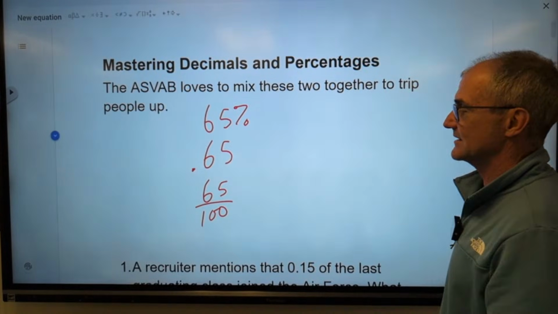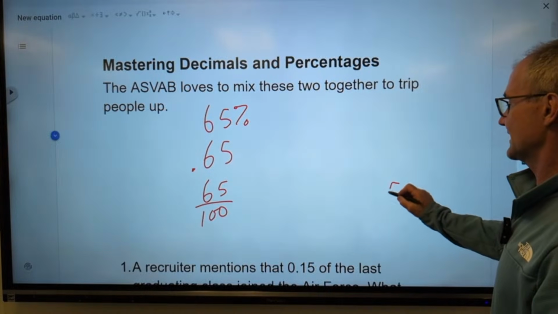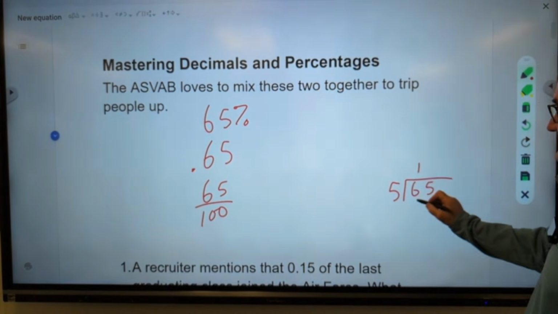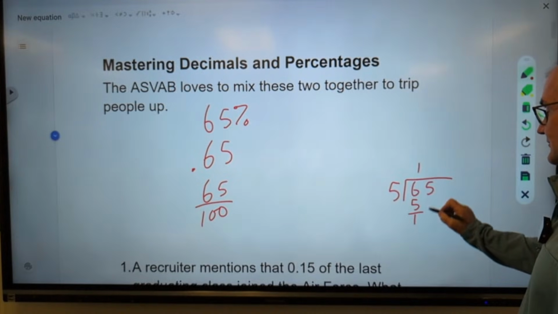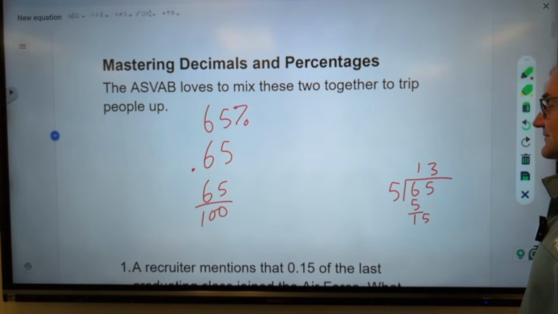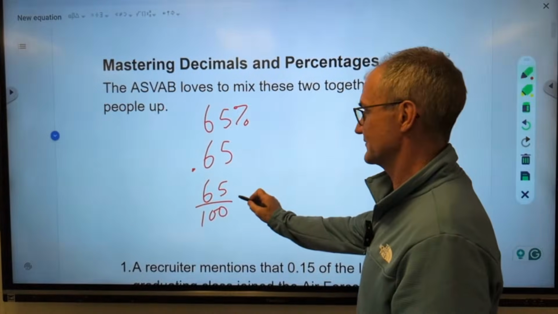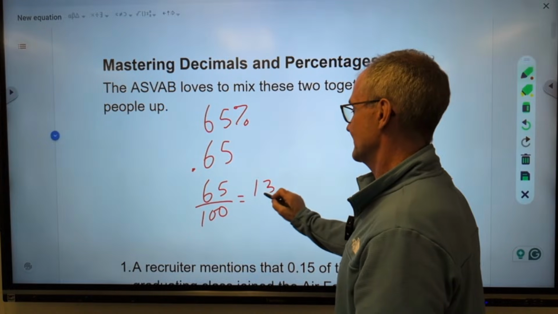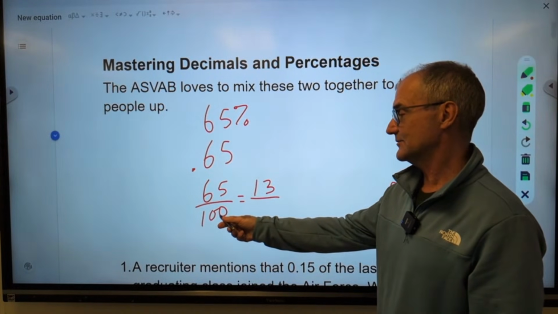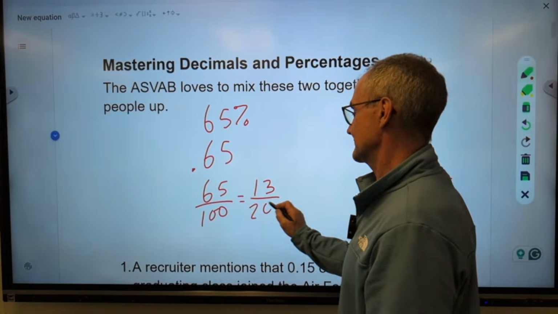Now we've got to reduce that fraction. 5 goes into 65 one time into 6. Bring down the 1, bring down the 5. 5 goes into 15 3 times. There we go. There's my mistake. So 5 goes into 65 13 times. 5 goes into 100 20 times.